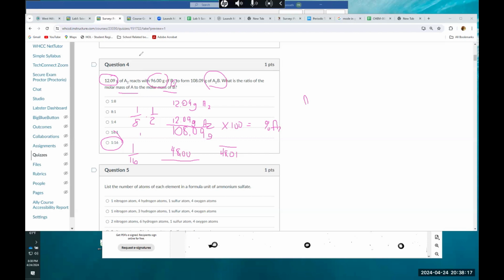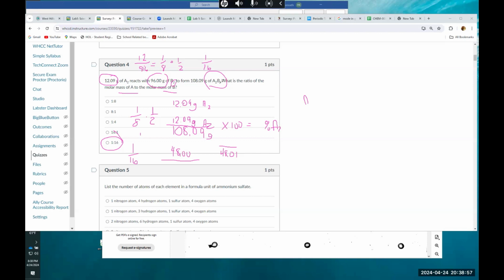So 12 over 96 equals 1/8. But we have a ratio of 1-to-2 in our molecule, so we need to divide that again by a half. So you get 1/16. Because for every 2 of A we only have 1 of B.